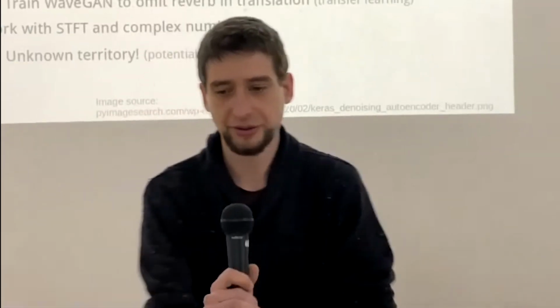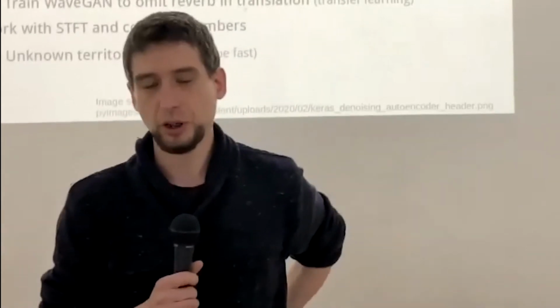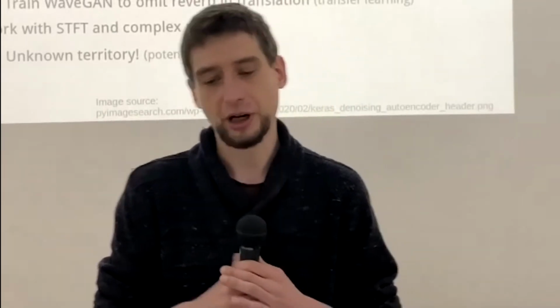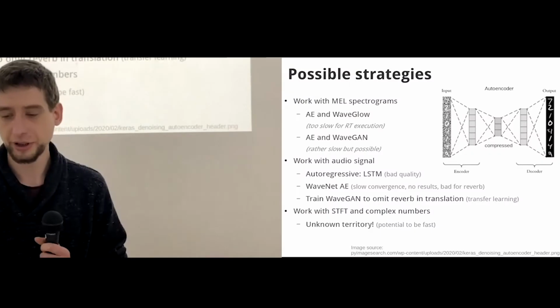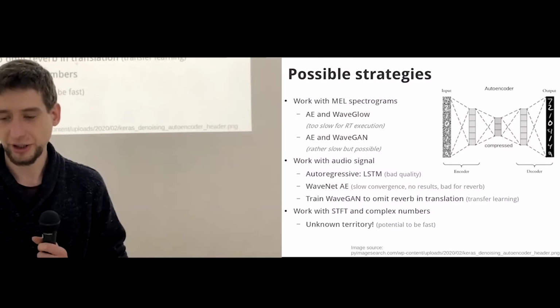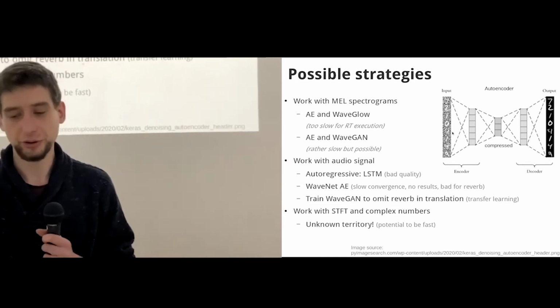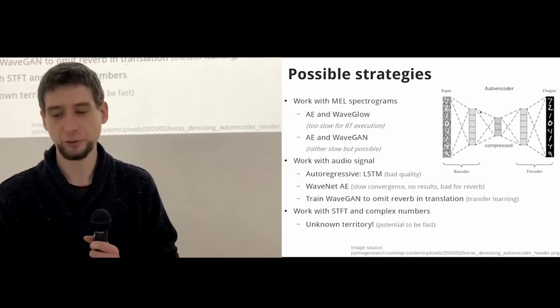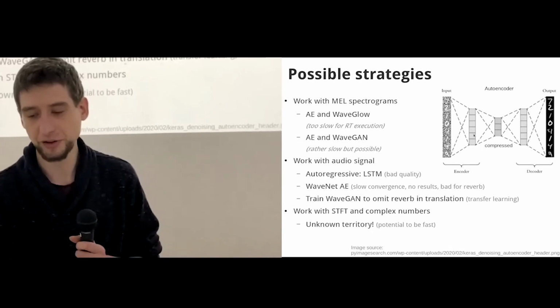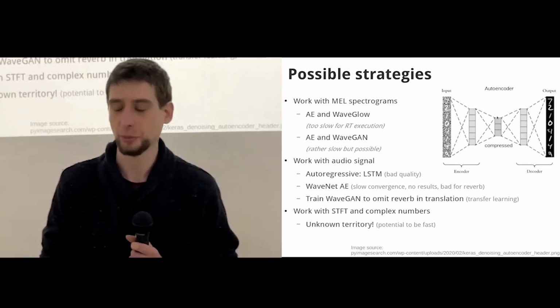So we have some possible strategies to work with our problem of removing reverb. We essentially need to use some kind of autoencoder or autoregressive method, and an autoencoder is an architecture where we take as an input some sequence. We try to reduce the representation of the sequence while keeping as much valuable information as possible.